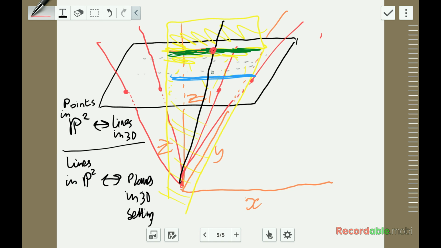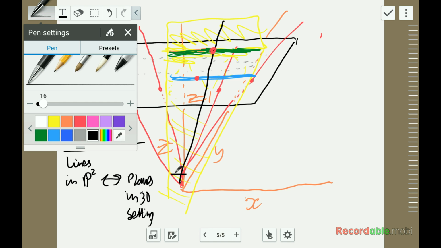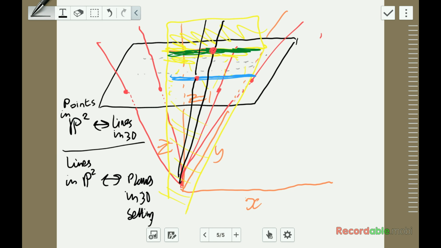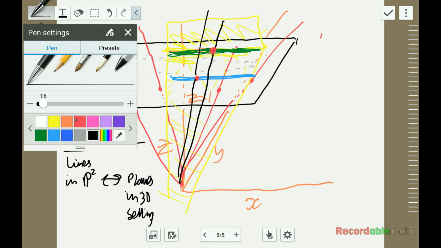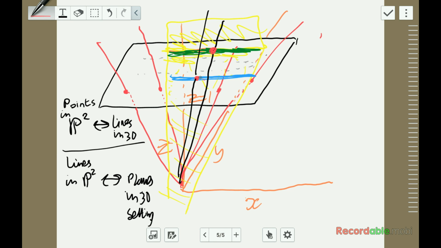Similarly, we have a point on the blue line and a corresponding point through the origin. Now what we're going to do is move these points to the right.